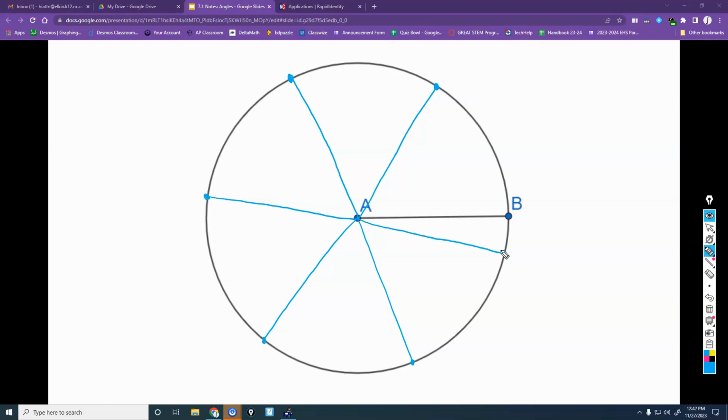So once you have done this, I'm going to draw a line from your center. I think that I may have cut my strings too long.